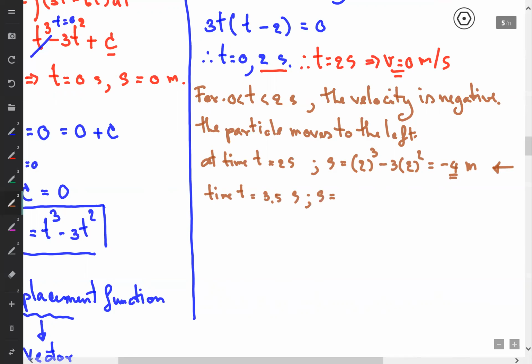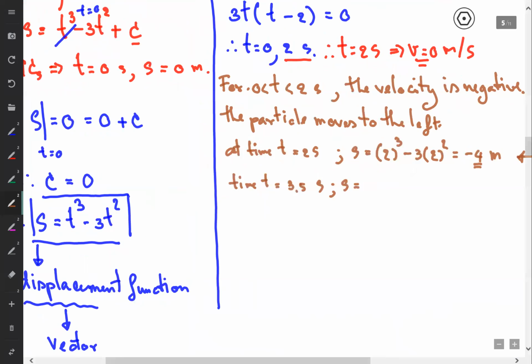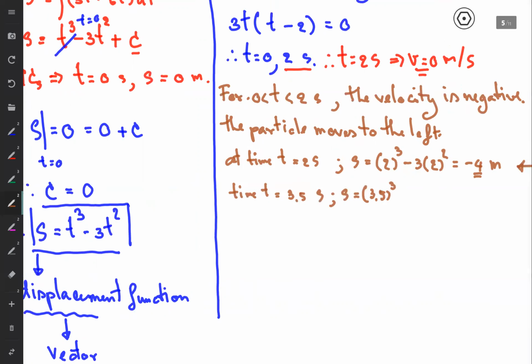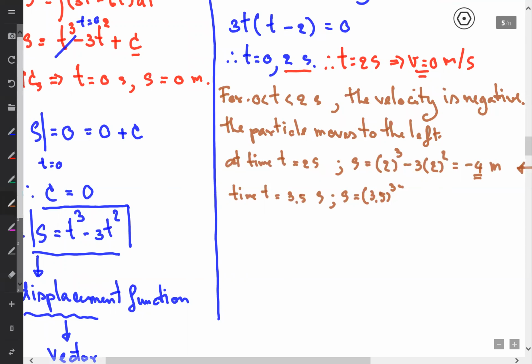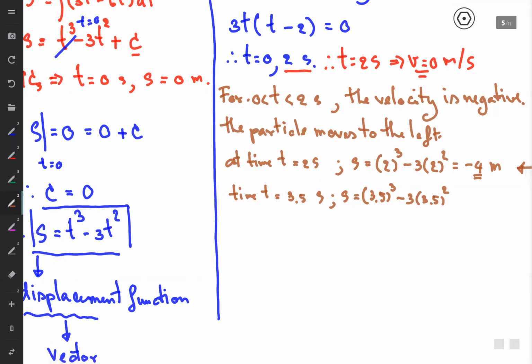So S is equal to 3.5 to the power 3 minus 3.5 squared, and then we get that S is equal to 6.125 meters. This is the positive one, right?